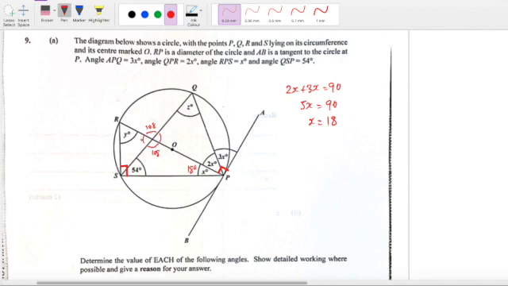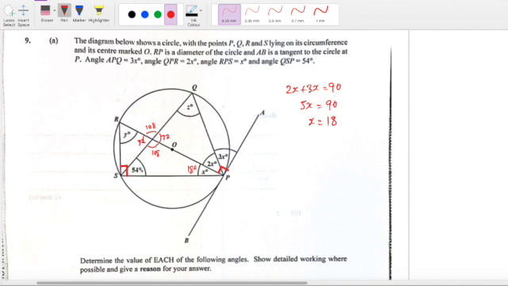So 108 plus 108 is 216, and I'll take the entire 360 minus 216 to give me 144, divided by 2 is 72. So this is 72, this is 72, and if we add all of these up, we will get 360.